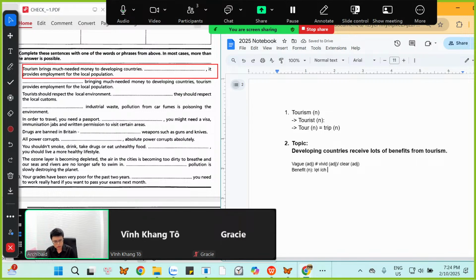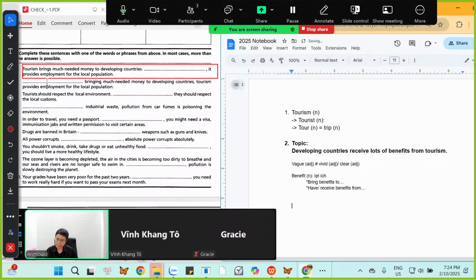Thì ở đây người ta hay dùng cái từ được gọi là đây, bring benefit to somebody, something like this. They bring benefits to you, or you receive benefits from other people. And the next way for you to say something brings benefits to you is beneficial.